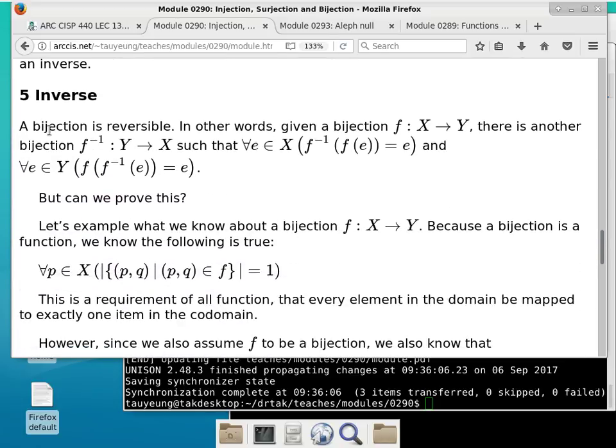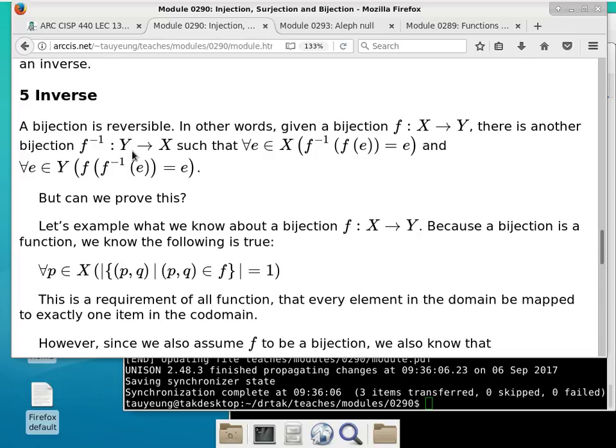So now we take a look at what an inverse function is. A bijection is reversible, which means given a bijection f that maps from the domain x to the codomain y, there's another bijection f inverse that will map from y to x. I'm not going to call y the codomain because it is actually a domain from the perspective of f inverse.